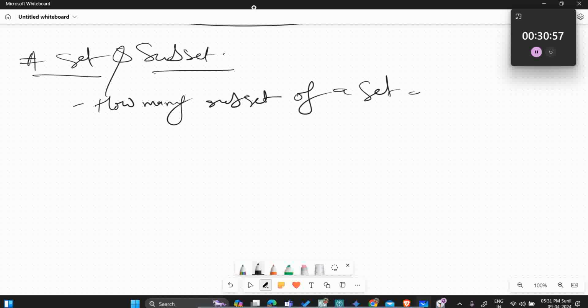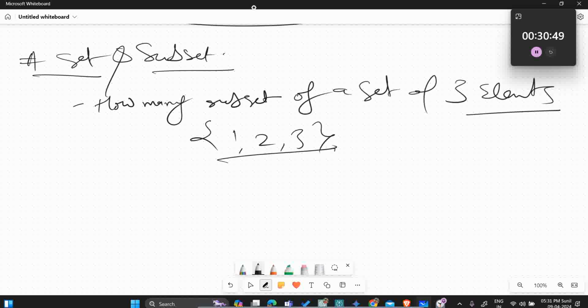There is a typo in the question. So the question here is: how many subsets of a set of 3 elements? So how can we do this? Let's say 1, 2 and 3 are the elements. How many subsets are possible?